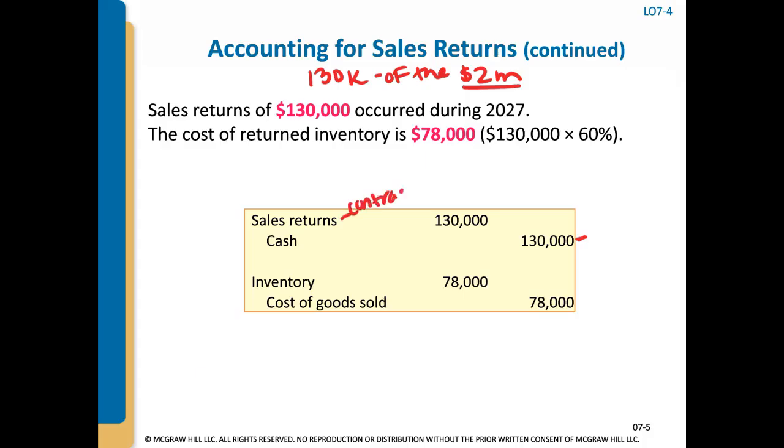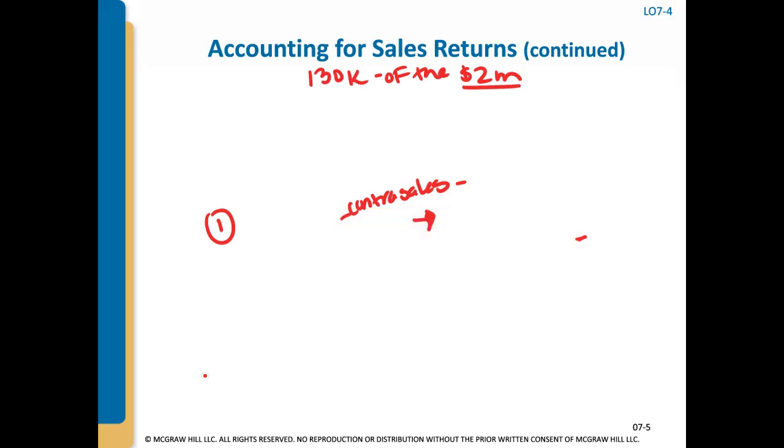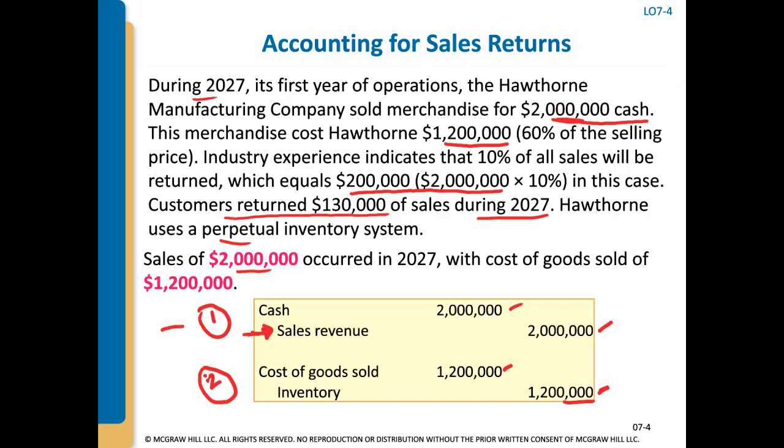It's a contra sales account, which means it's going to reduce our revenue, our sales account on our income statement. So we have sales returns of $130,000. This helps us track how much of our sales have been returned. So that's step one. We're reversing a portion of this step one right here, just a reversal for the $130,000 that was returned.